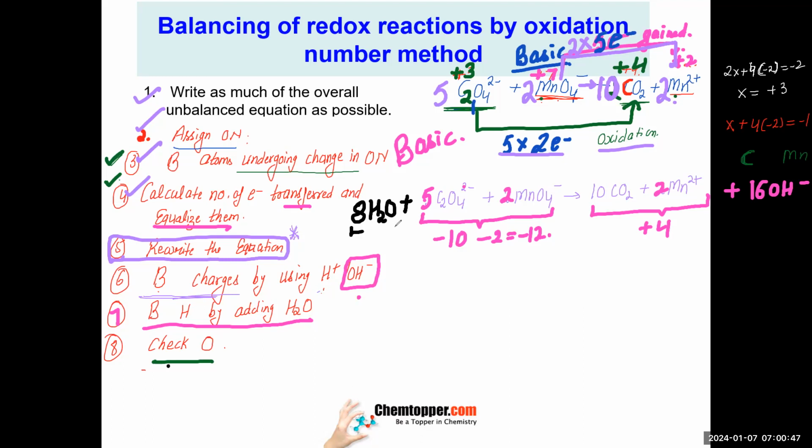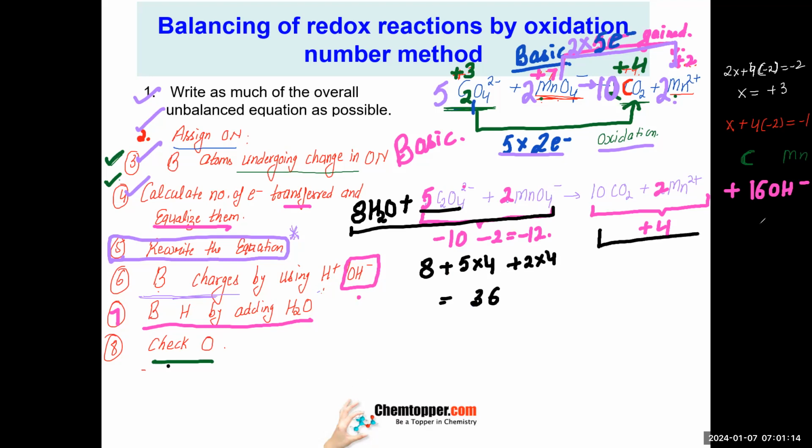Check oxygens. How many oxygens? I'm writing here 8 due to water, plus 5 times 4 due to this one, plus 2 times 4 due to this one. How much is this? 36. Yeah.